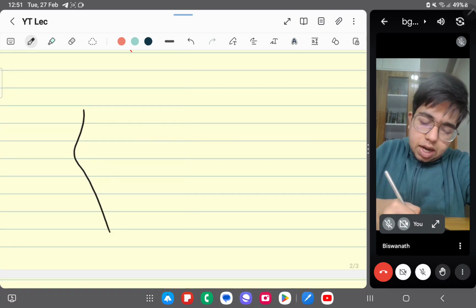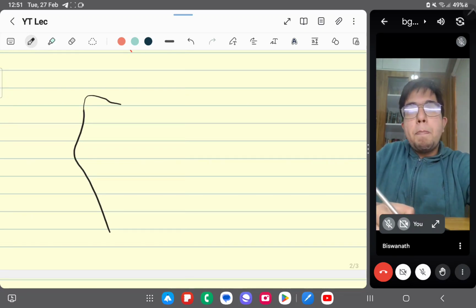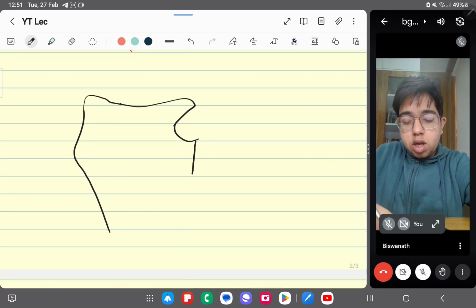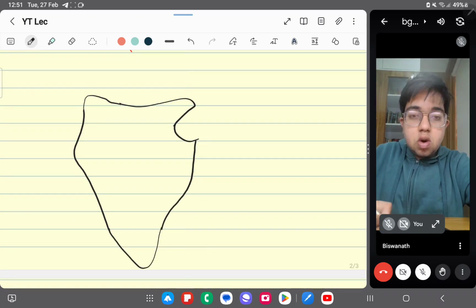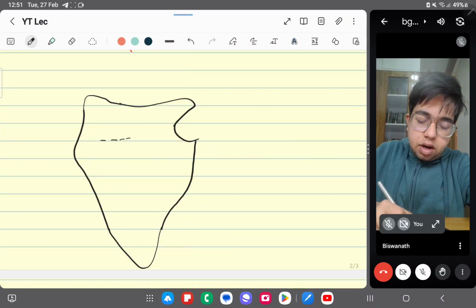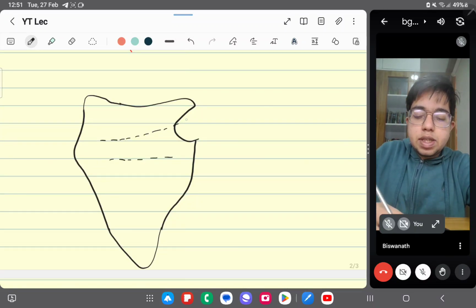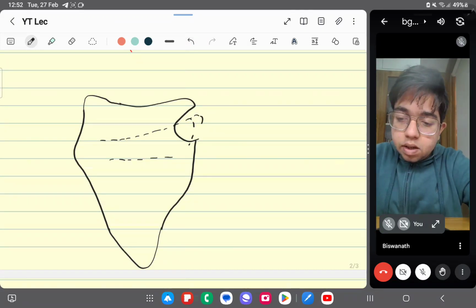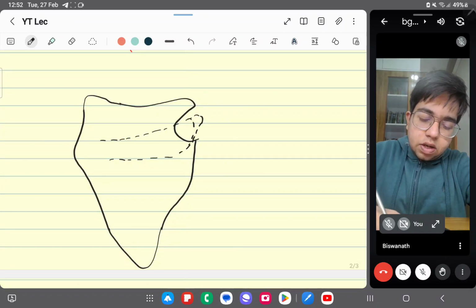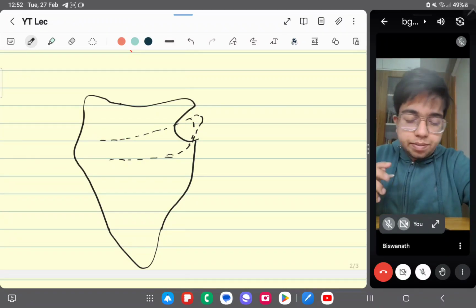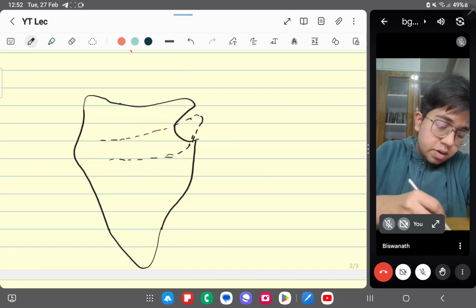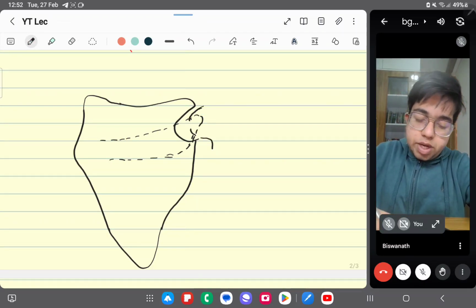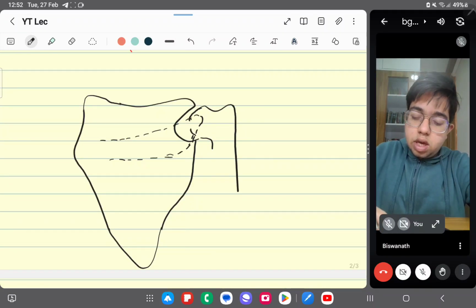Just imagine, I'm imagining and drawing the parts. And in the back side, you have the coracoid process as well. This is the coracoid process which I am drawing. And here we'll have the head of the humerus as well.